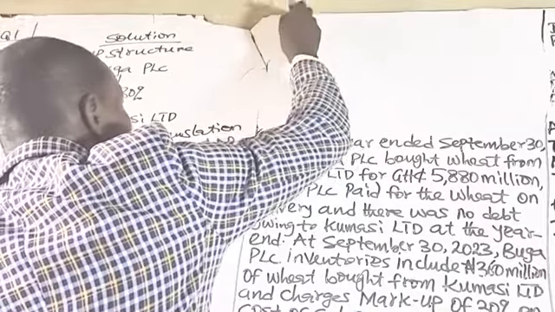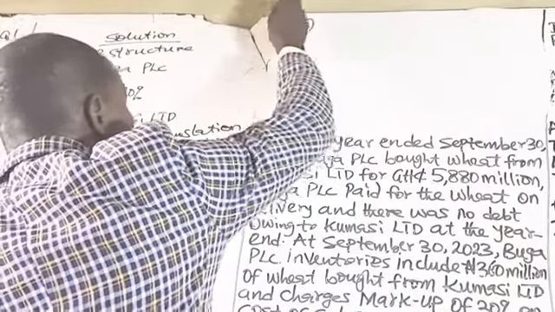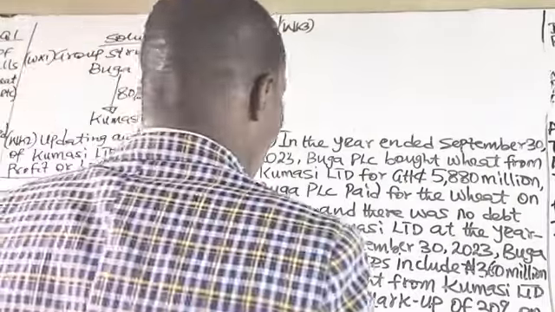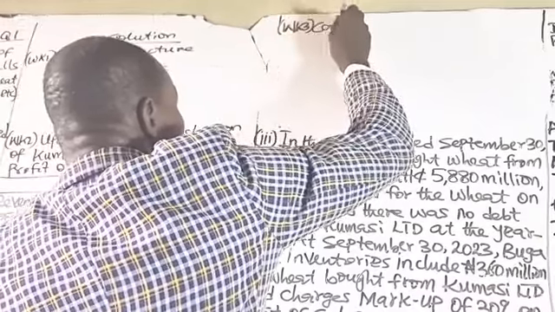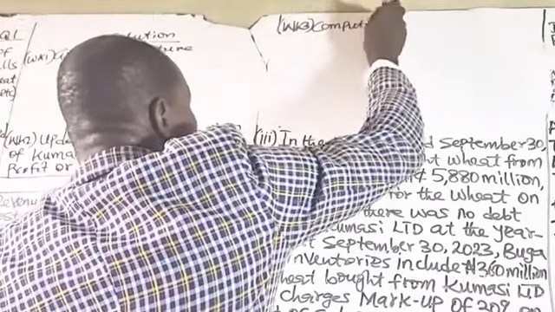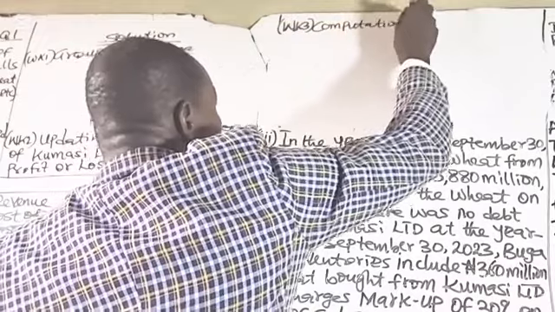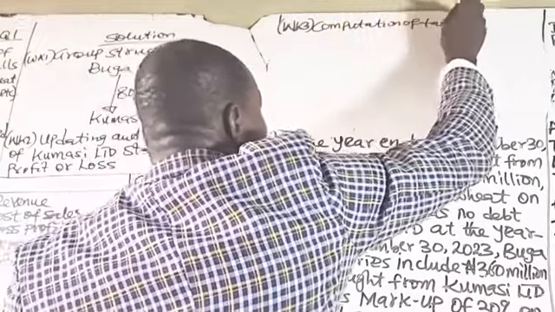Working number 3, computation of tax payable.